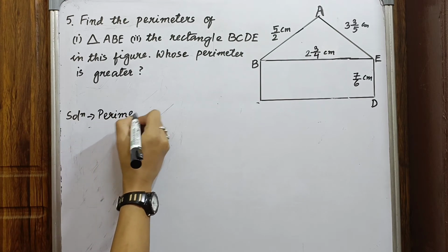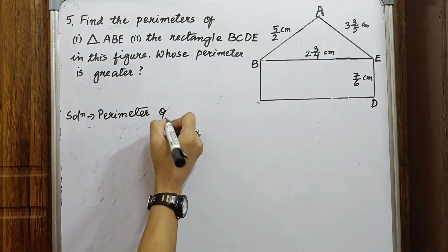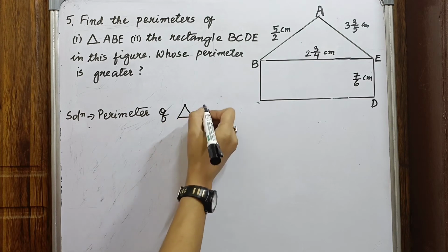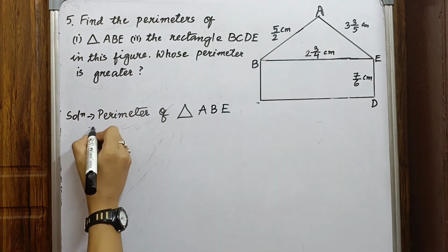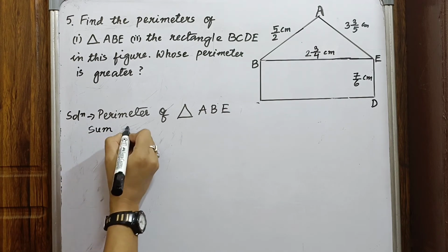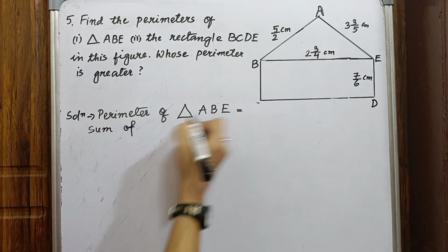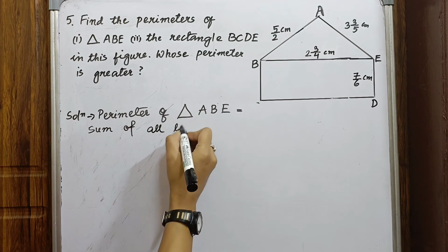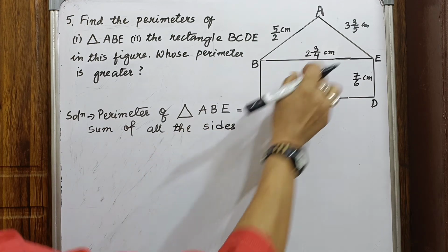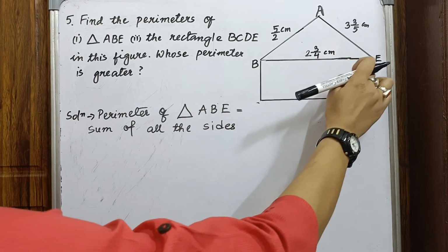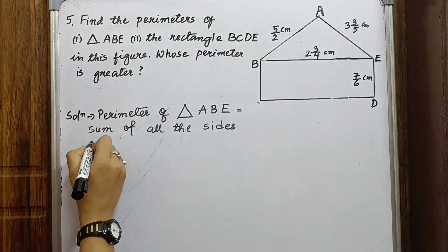So what is the formula for perimeter of a triangle? It is the sum of all the sides, which is side AB plus BE plus AE.